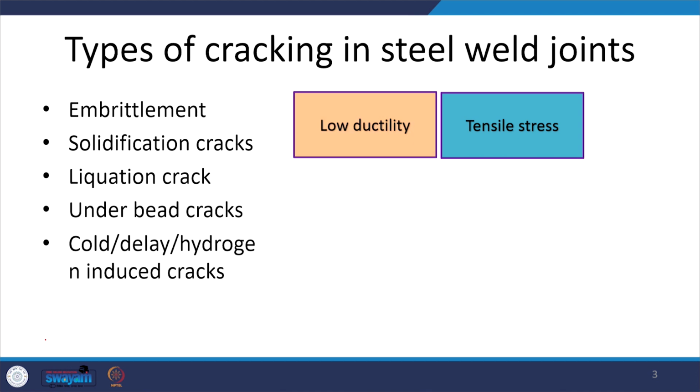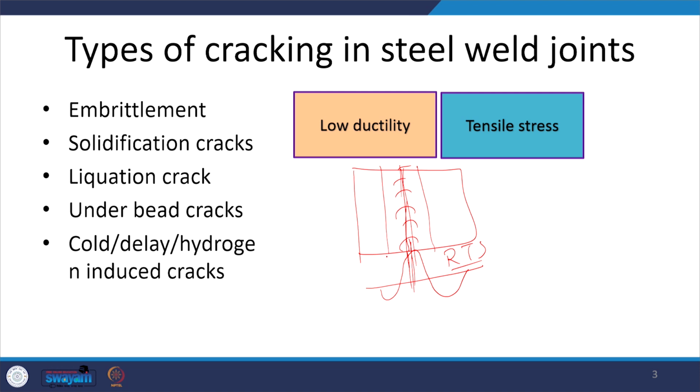Another phenomenon that happens is the development of residual tensile stresses. Say these are the two components and the weld is being made along the weld center line. This weld center line usually experiences a very high level of residual tensile stresses. The weld joint experiences very high residual tensile stresses along the weld metal, and also in the vicinity of the fusion boundary.